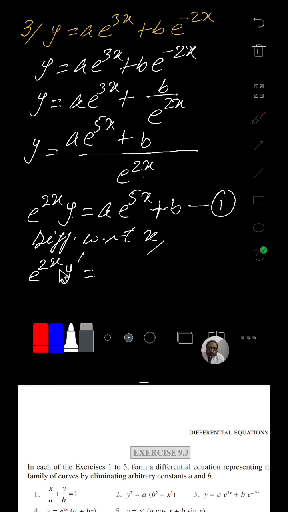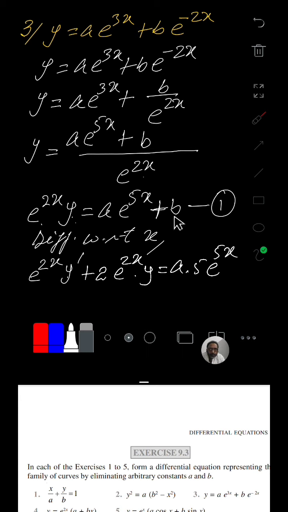So e raised to the power 2x y dash, plus derivative of the first function by chain rule, twice e raised to the power 2x into the second function as it is, y, is equal to a as it is, because this is a constant coefficient, and we differentiate e raised to the power 5x by chain rule, so we get 5 e raised to the power 5x, and this term is constant, so its differential is 0.